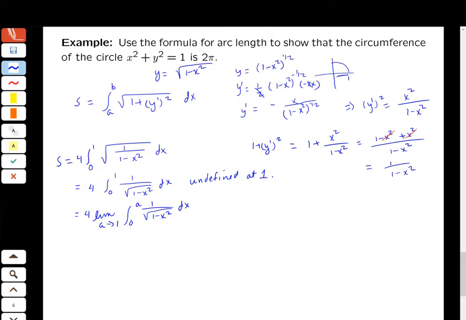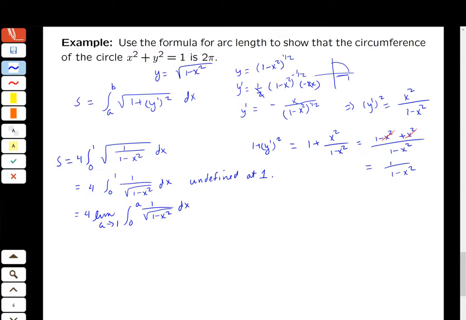How do we integrate that? U substitution doesn't work, because if you make u be 1 minus x squared, you get a minus 2x and you don't have an x in your numerator. We had a different technique we also apply with substitution, trig substitution.